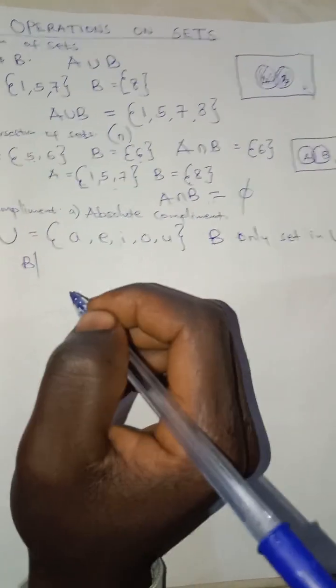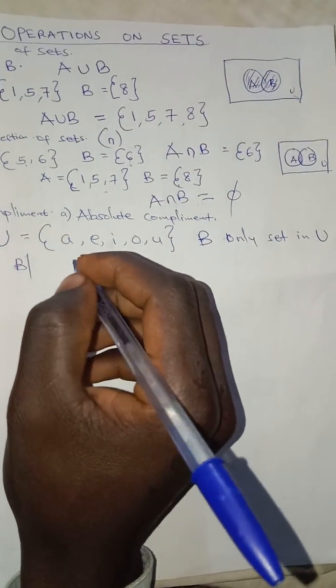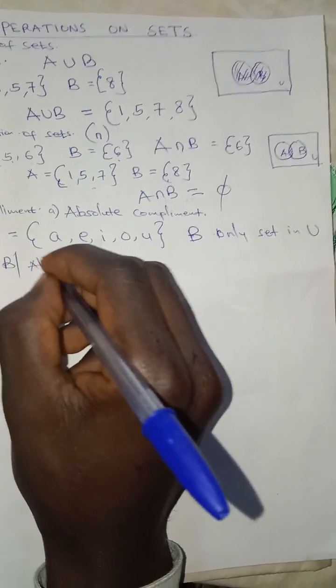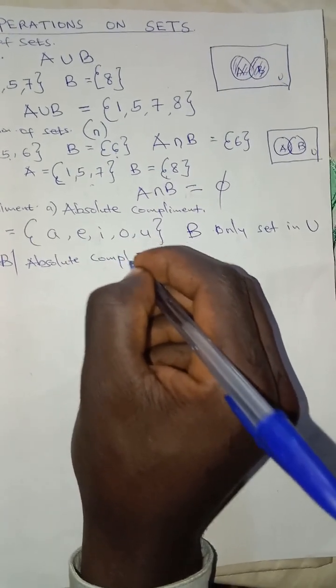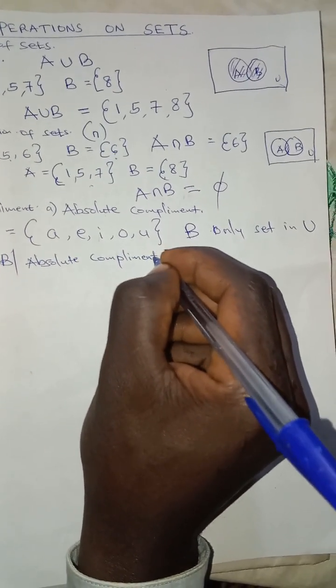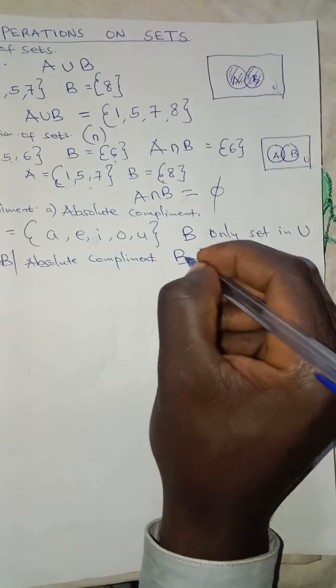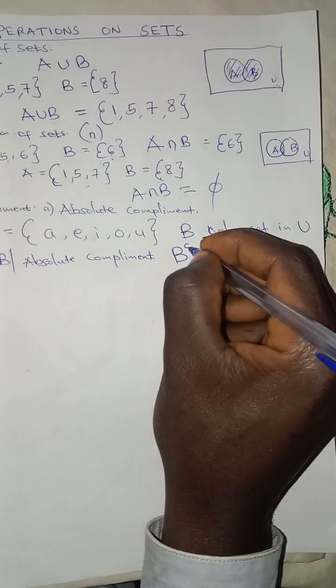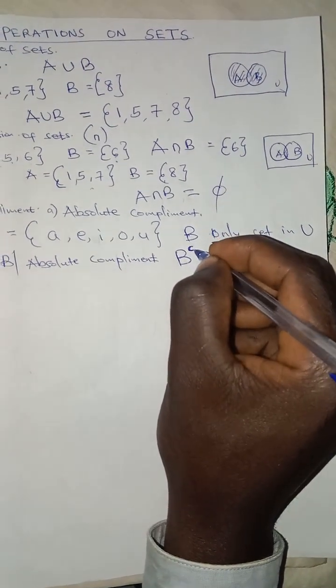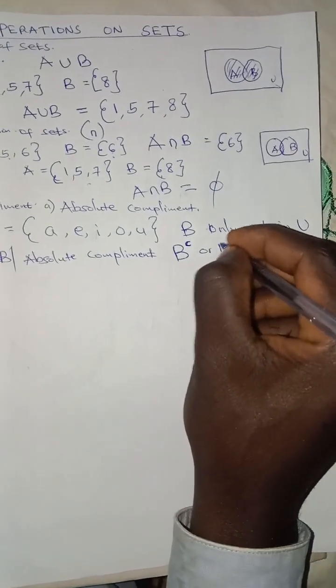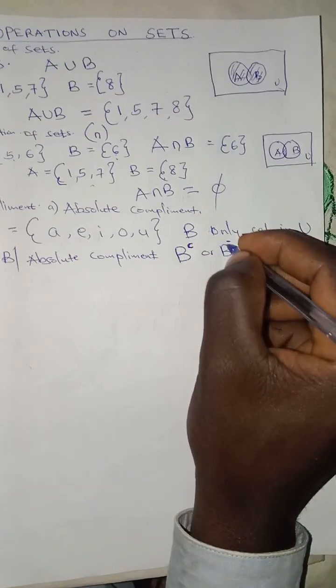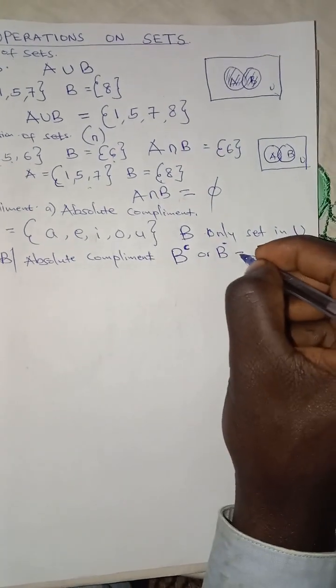The absolute complement in sets we denote as B raised to power C, or B with a bar on the upper side.